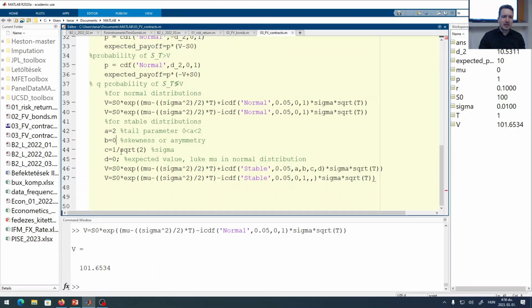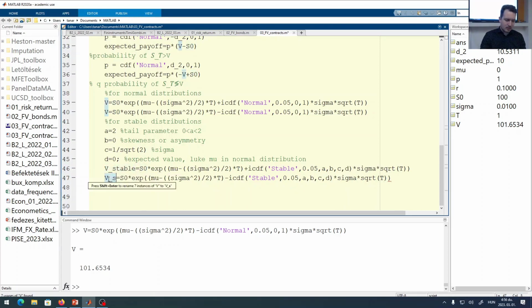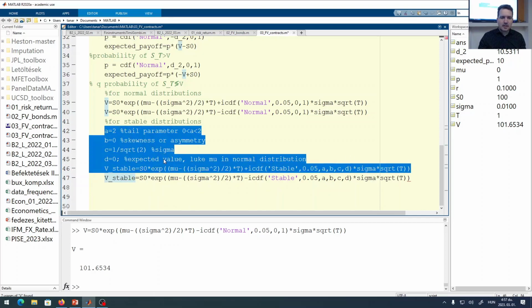Okay, but if you are having this setup, then it should provide us the same results. So let's copy it here. Yep.